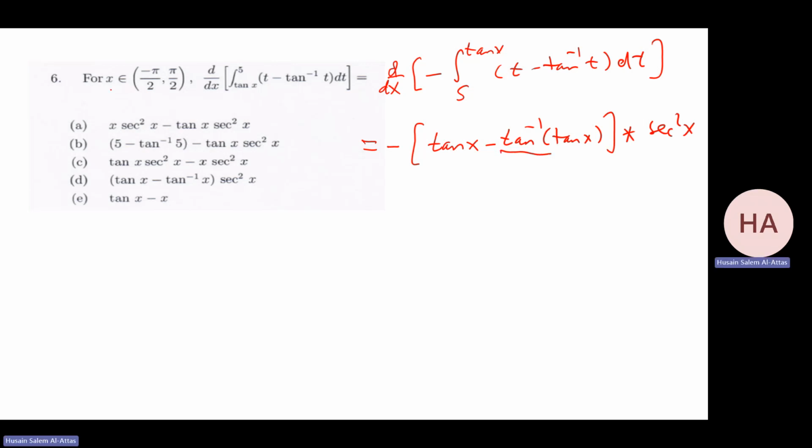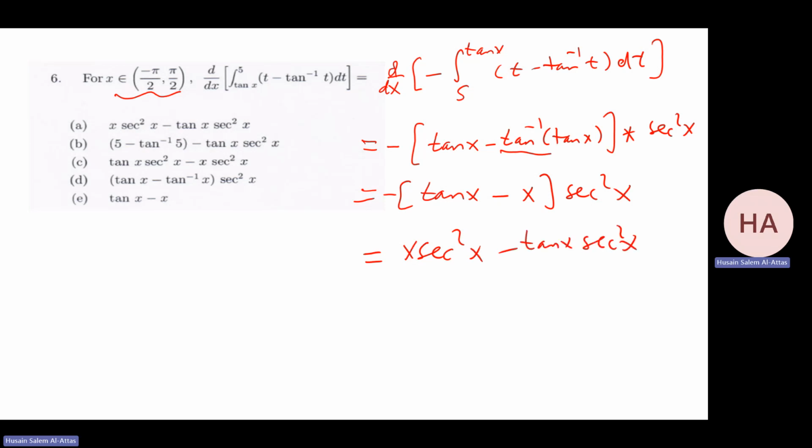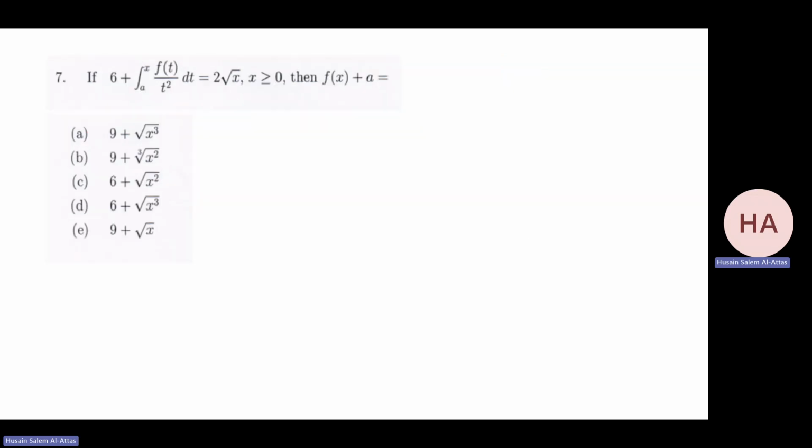This in this interval will be x. So that will be minus tan x minus x secant square x. So the answer is x secant square x minus tan x secant square. I rearrange this. I have the positive in the beginning.